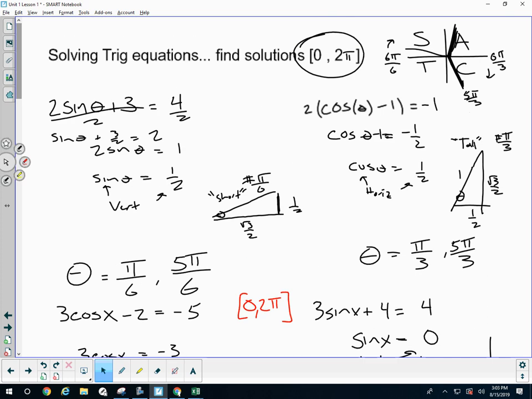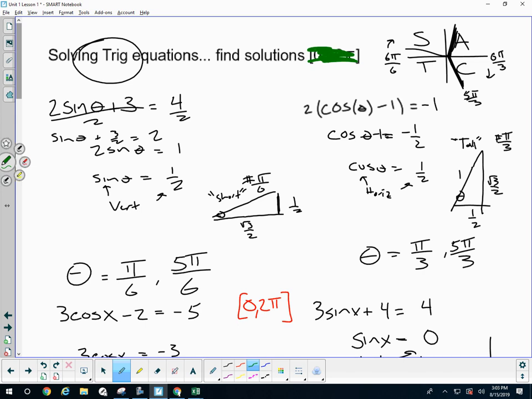If I took away this restriction and I said, find the solutions, you would have to consider all of the solutions where the angle that gets referenced ends up here at pi over 6 and here at 5 pi over 6. Which means if I go around the circle again and end up in the same location, that is a different angle, but it ends up in the same location as where pi over 6 is.